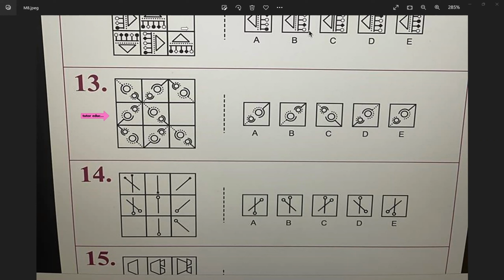Exactly, it's actually easy to say because if you flip this 180 degrees, you will get E.